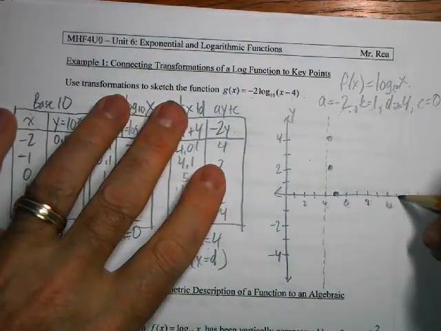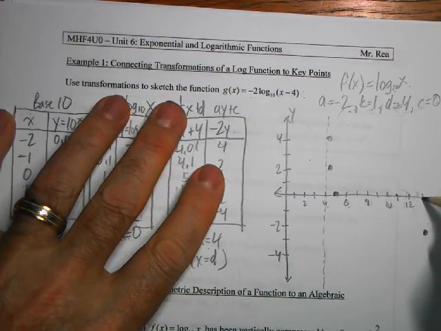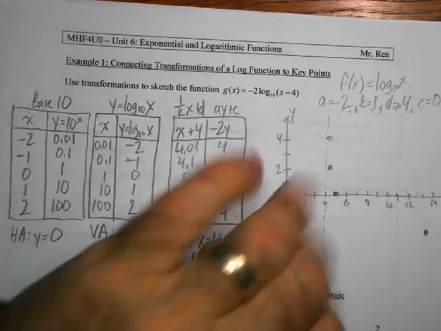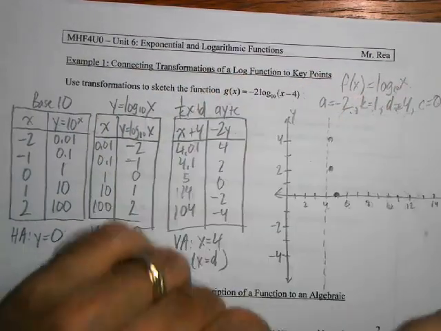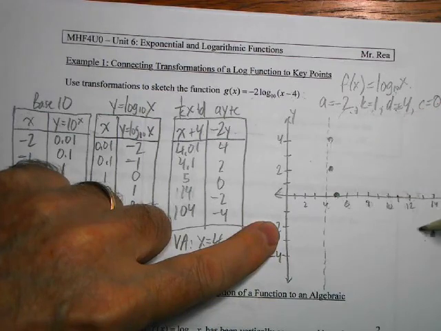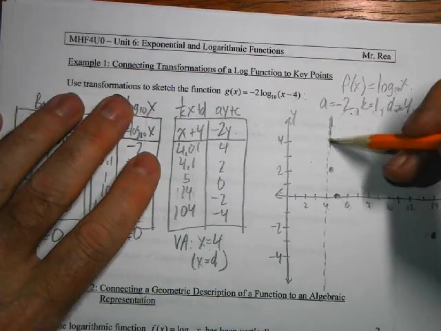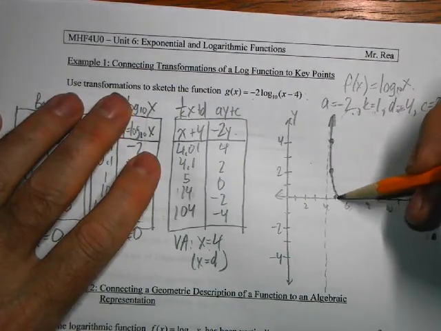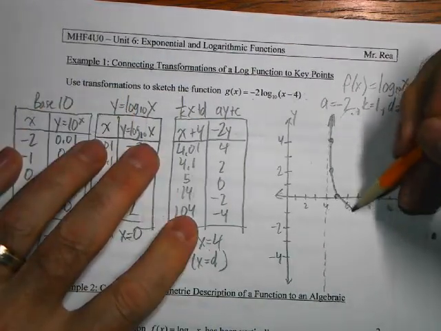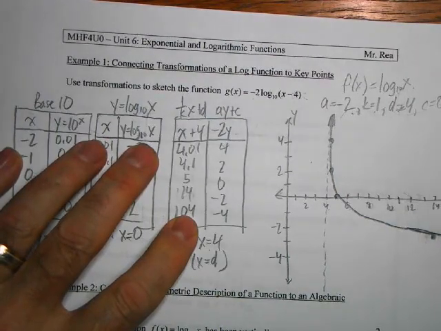So it's 12 and then 14. And that's negative 2. Okay, so you can see I'm going to have a curve that really takes off this way. So I can start here with my arrow and then it curves up here like that.